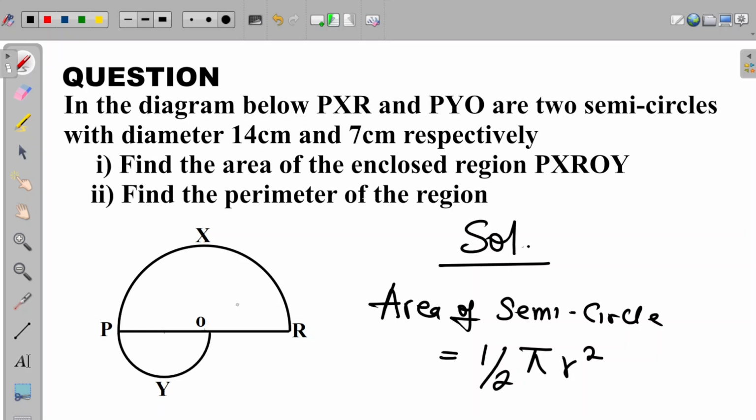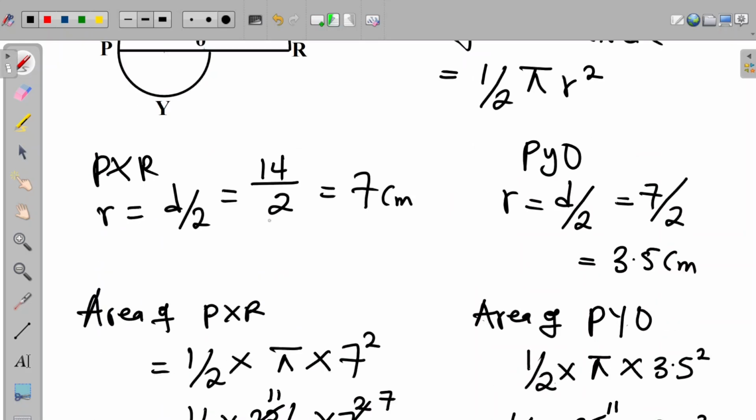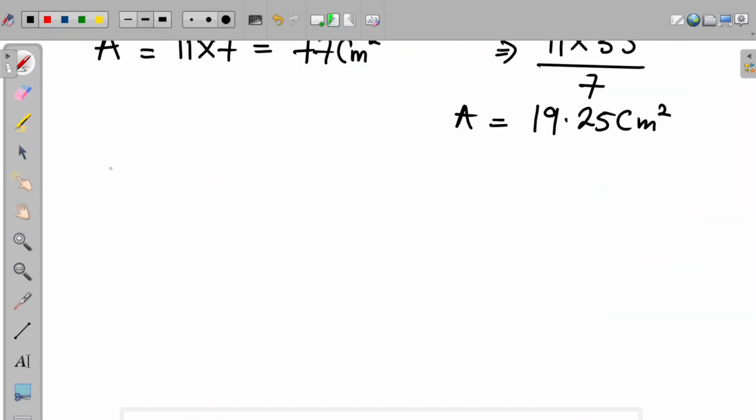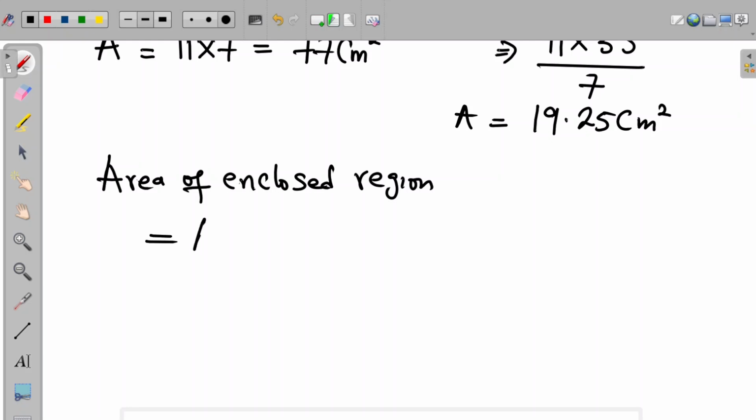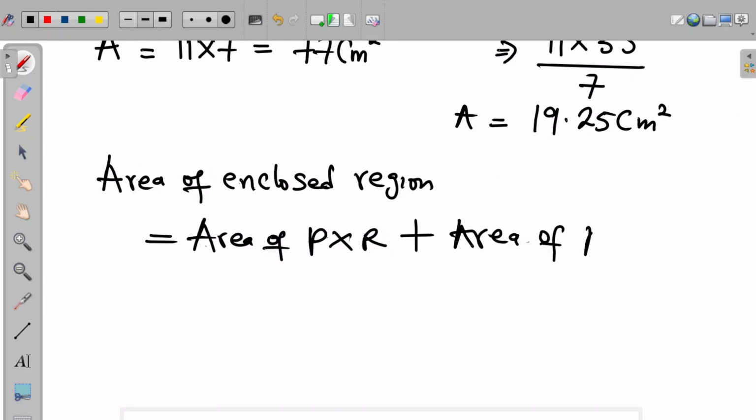But the question says we should obtain the area of the enclosed region PSROY. Thus, area of enclosed region is giving us area of PSR, which is the larger semicircle, plus area of PYO, which is the smaller semicircle.